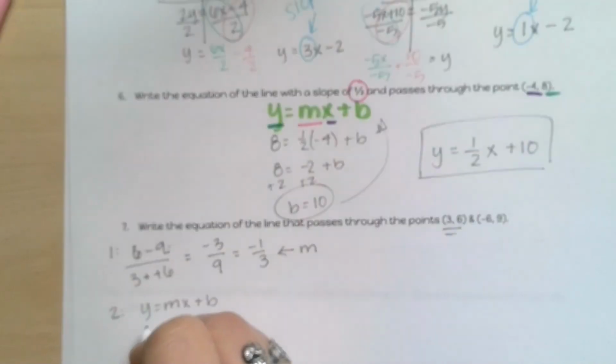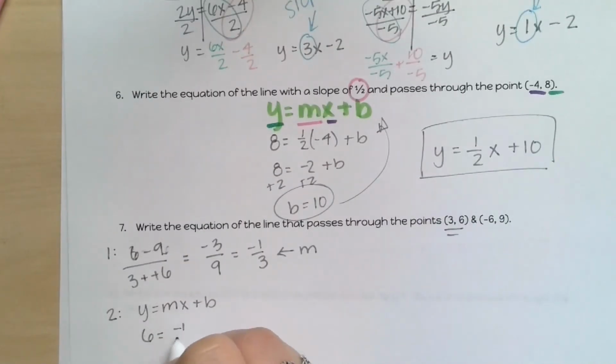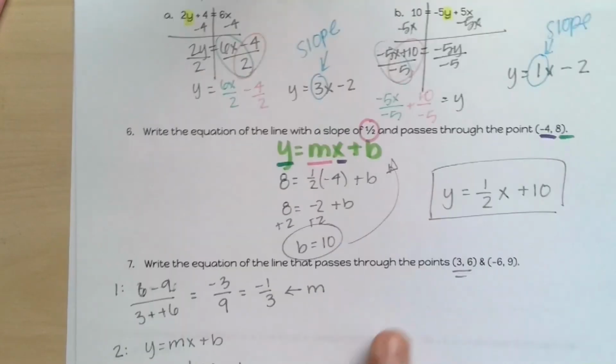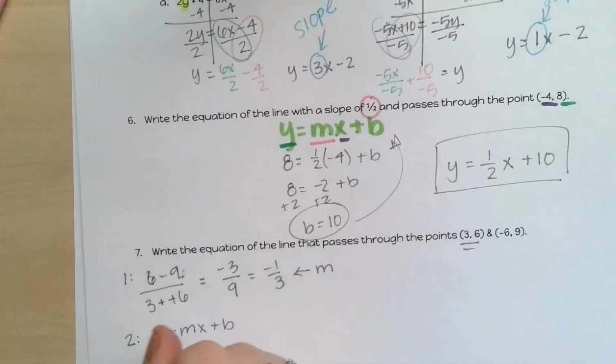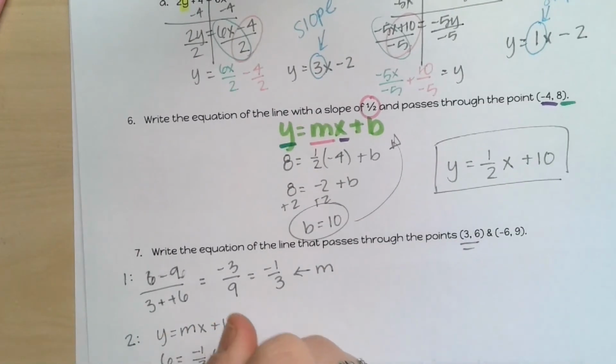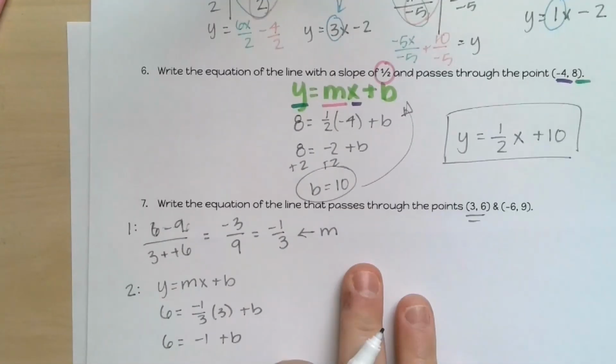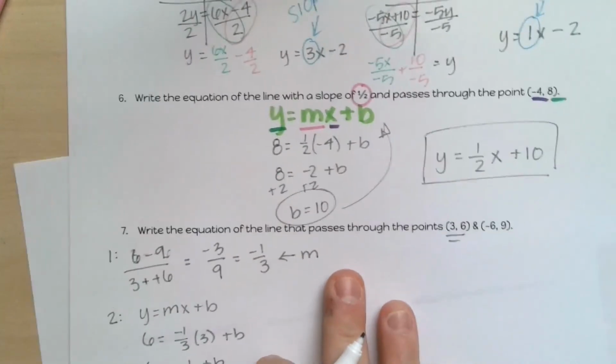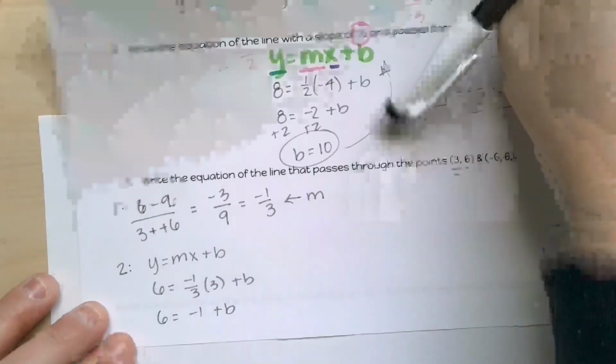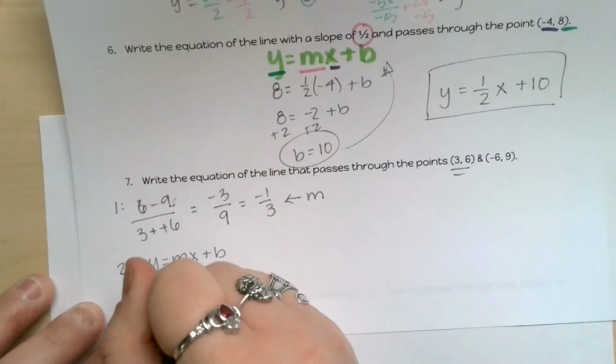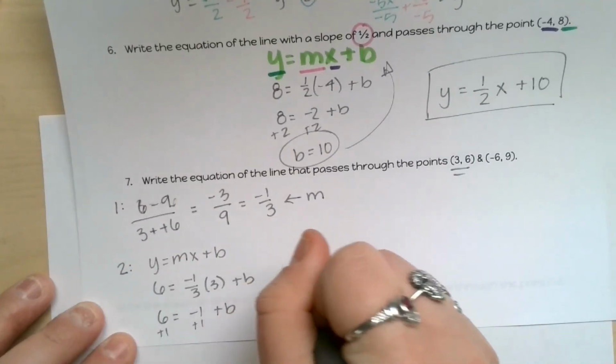So we have 6 equals negative 1/3 times 3 plus b. Negative 1/3 times 3 is the same thing as negative 1. Oops. Just realized you couldn't see that. There we go. Add this 1 to both sides, so we get that b equals 7.